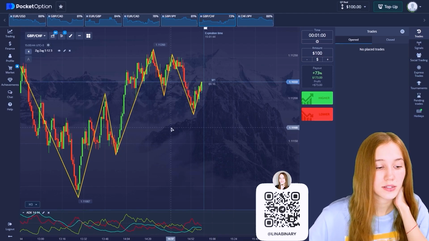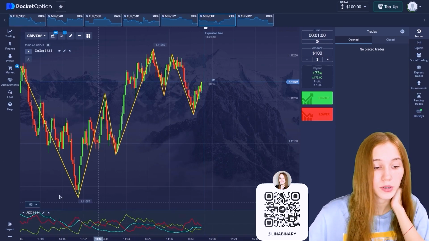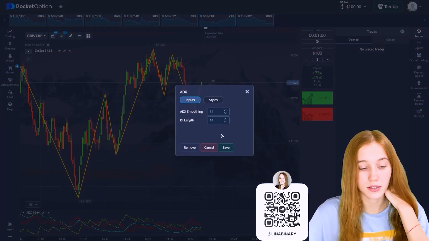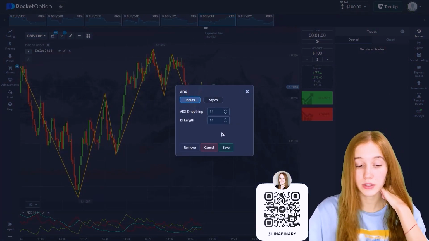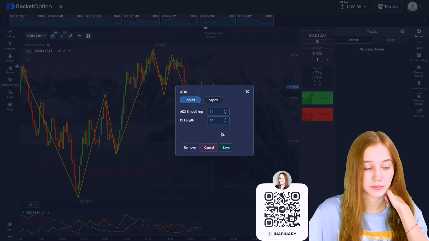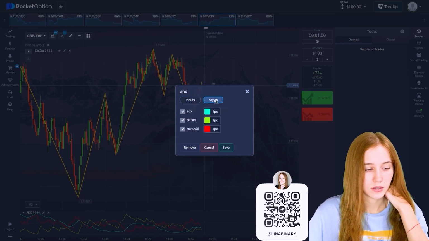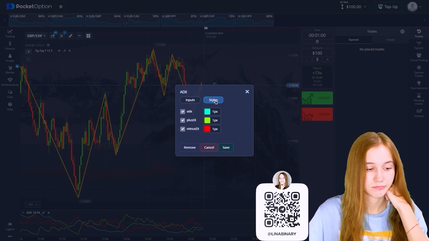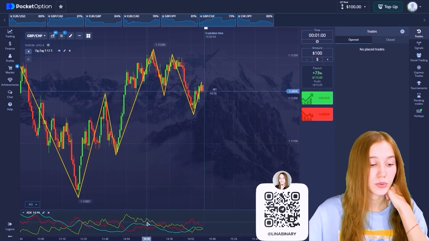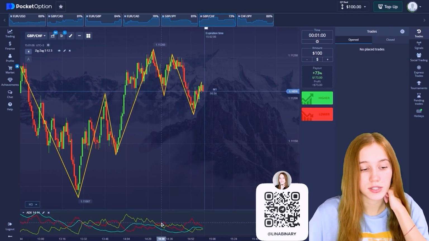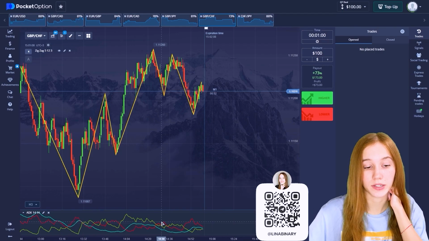Our second indicator is ADX. At the bottom of the screen, these are the settings. You can also copy them here. It shows the average distance between two components.